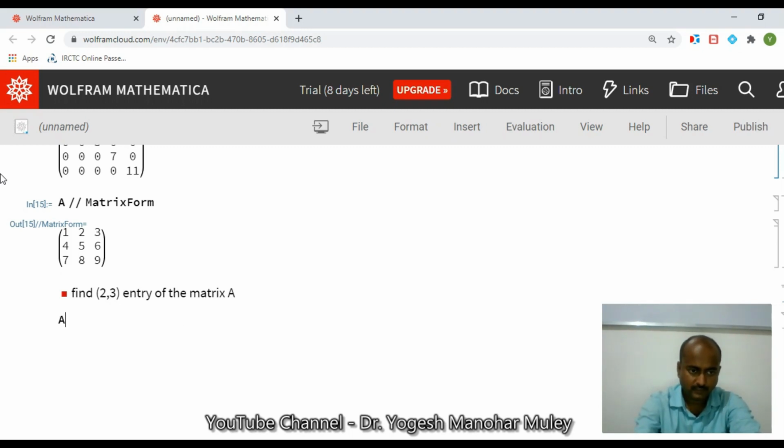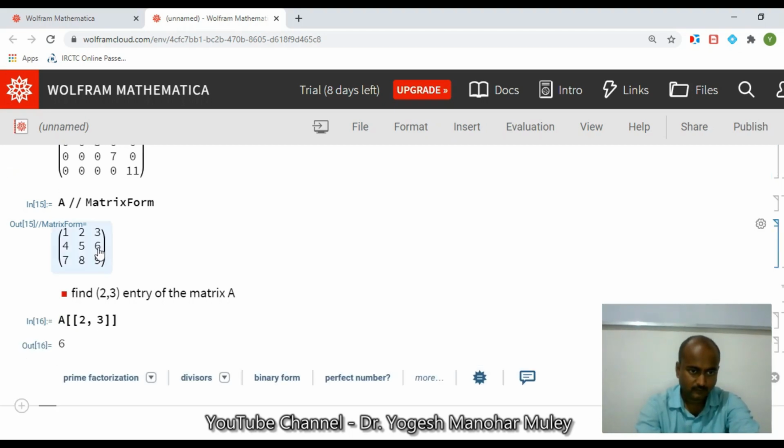For that we need to press A in brackets 2, 3. This will give you the second row, third column entry, which is 6.